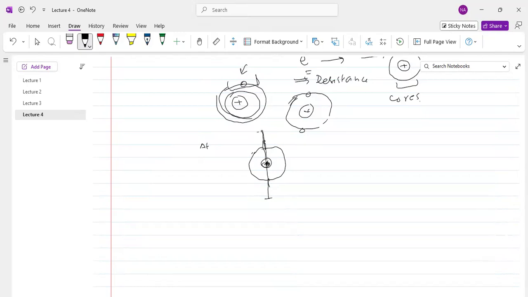This is the amplitude of vibration. As we increase the temperature, this amplitude of vibration increases.